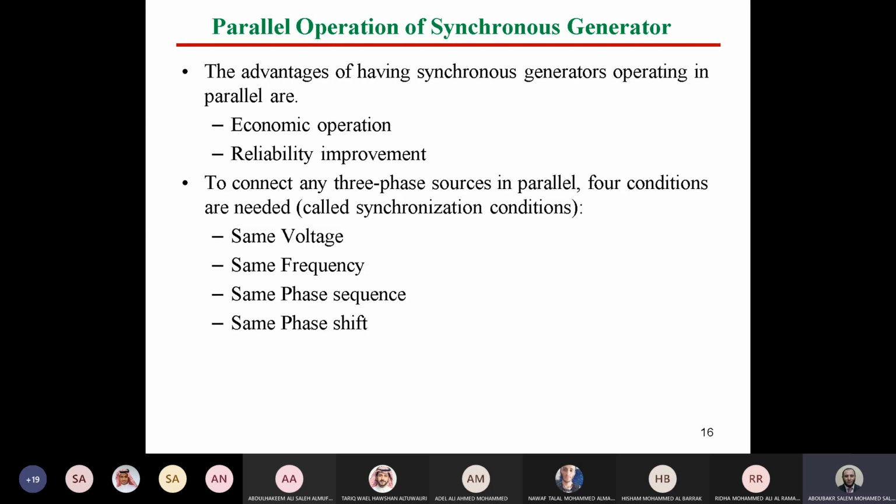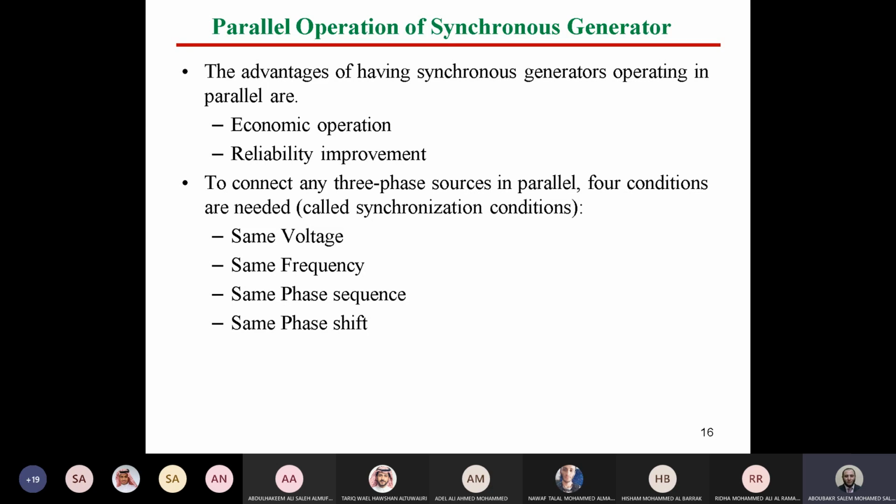For instance, if we have a power plant here in Dammam, this power plant will not only supply the region of Dammam. However, it has to be connected to the grid, which means it can supply another load in Jubail or in Ihsa, which means all power generators are connected together on the same grid.